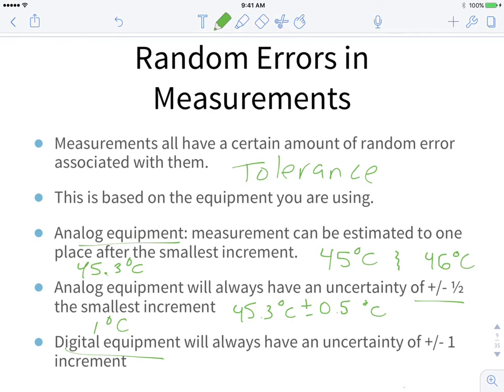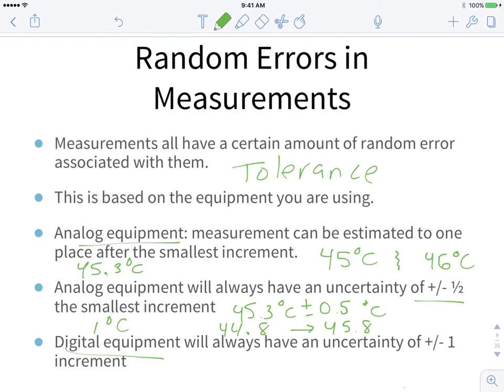So what that means is that I am somewhere between 45.3 minus 0.5, which would be 44.8, or I could be 45.8. And so this is within my tolerance of the equipment.